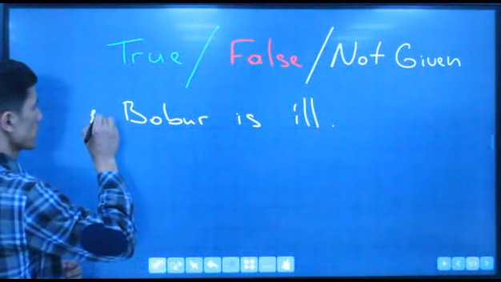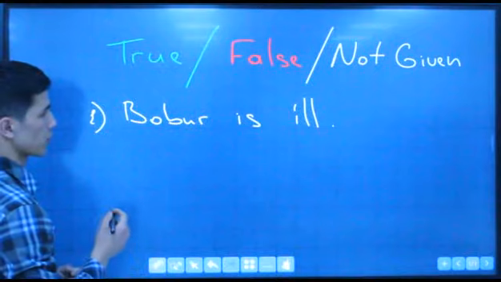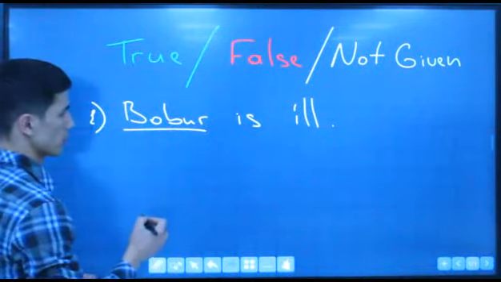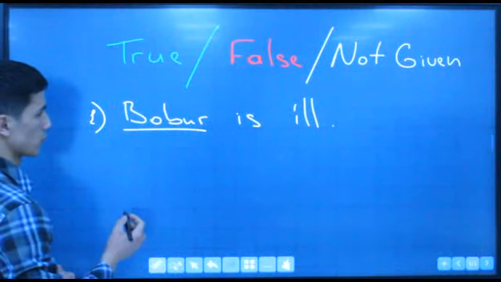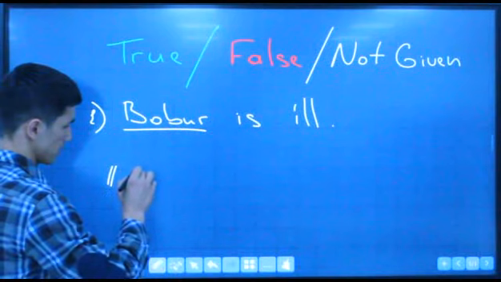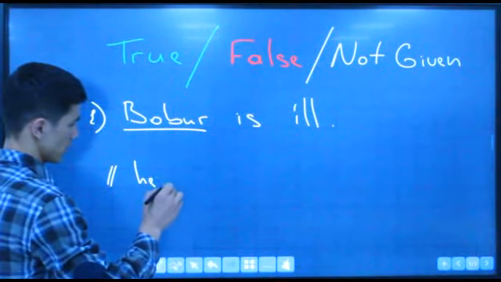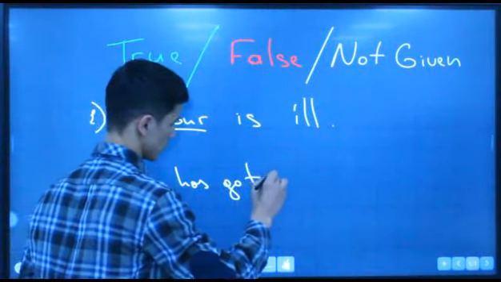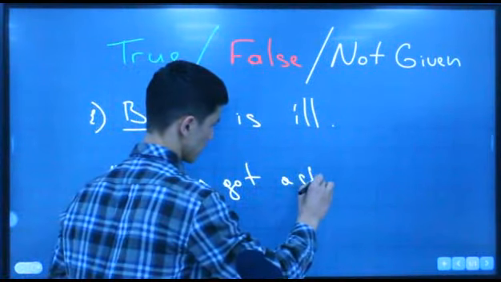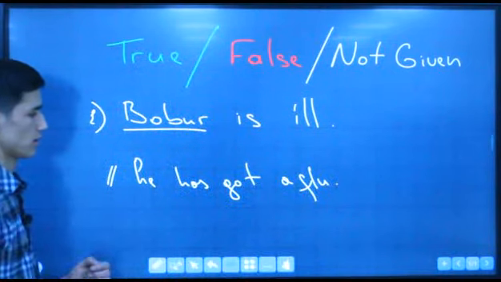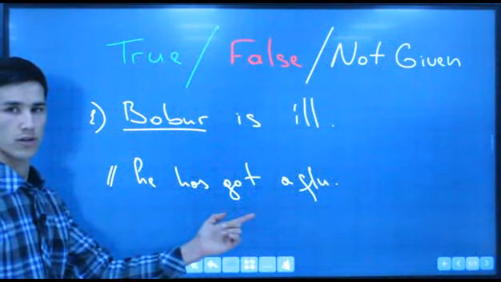So imagine this is the question in your reading test, and you found Bobur, it's a keyword in your question. From the passage, you might say, he has got a flu.